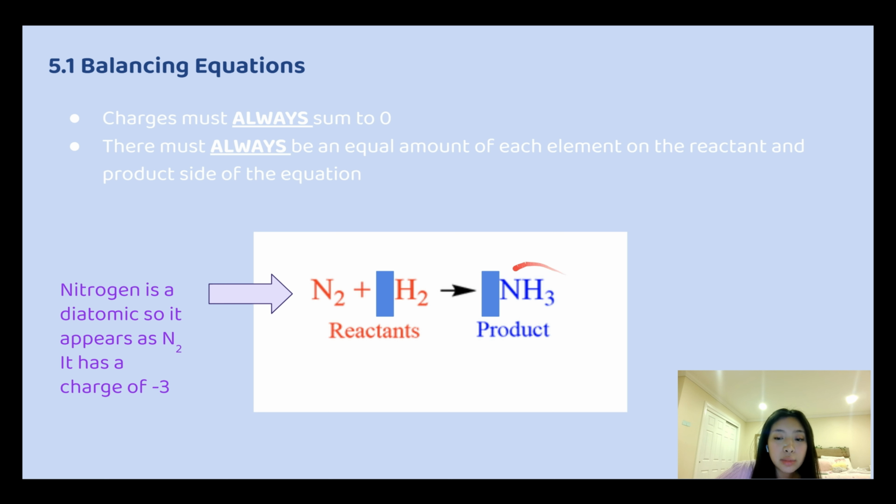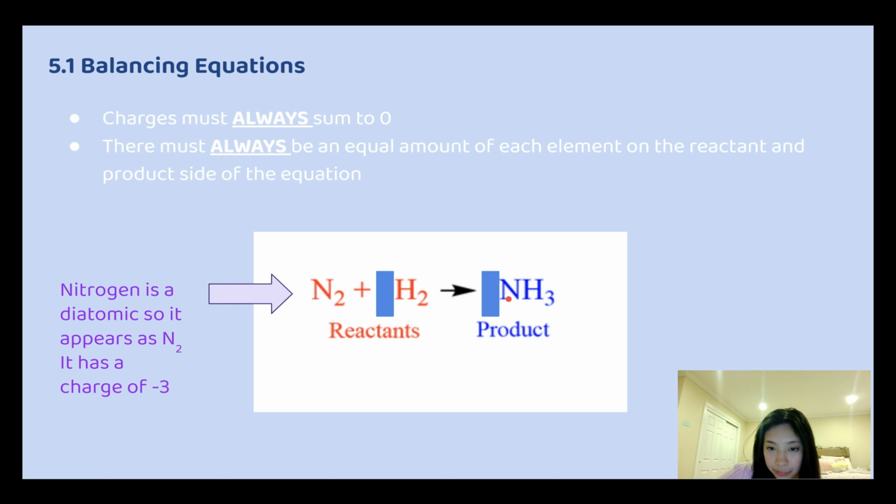So to balance this molecule, we must have 3 hydrogen, so that the charges are -3 + 3, which equals 0. Okay, and we are going to put a 2 coefficient in front of the products because we're given 2 nitrogen in the beginning, which means to balance this, we must have 2 nitrogen in the product side.